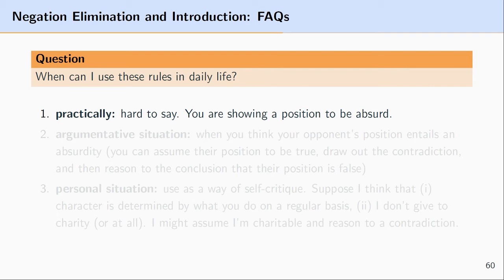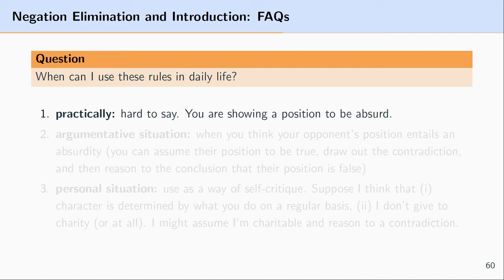Because what you're doing is showing a particular viewpoint or position or proposition to be absurd. You're showing that it entails a formula, that is a sentence or a proposition, and the opposite. And so I think one kind of reaction that I've seen when making use of this particular style of reasoning is people will, if you show someone else's position to yield a contradiction, take it as a personal assault.